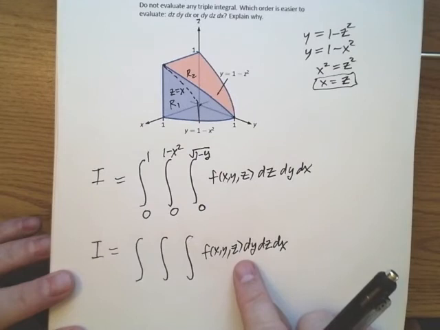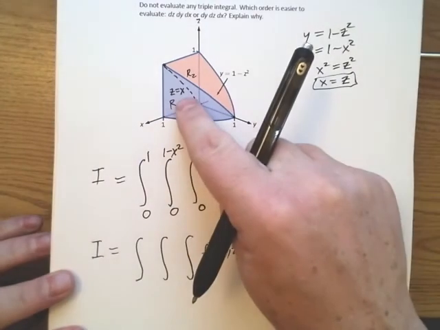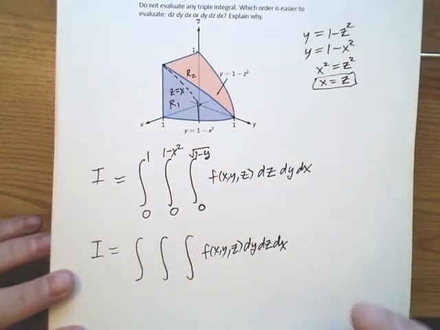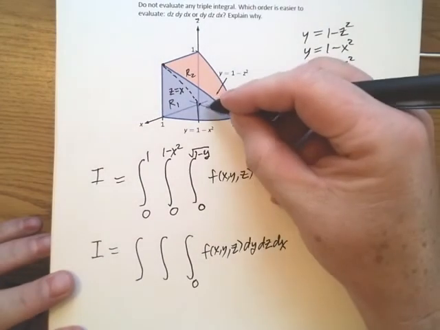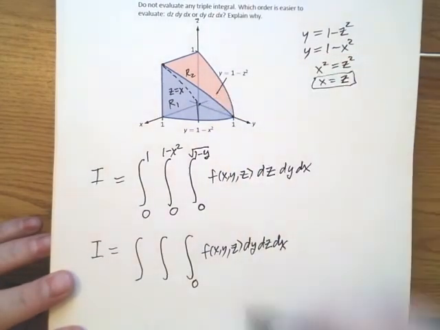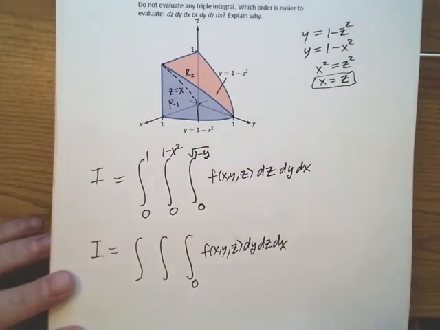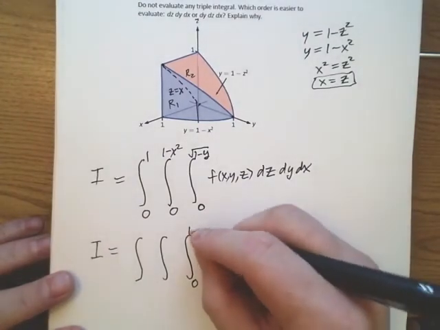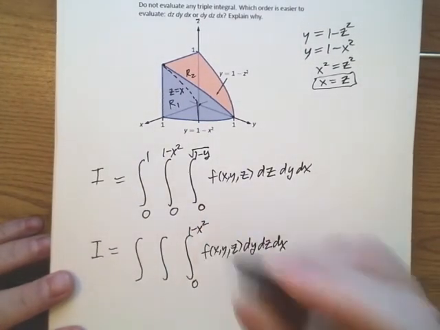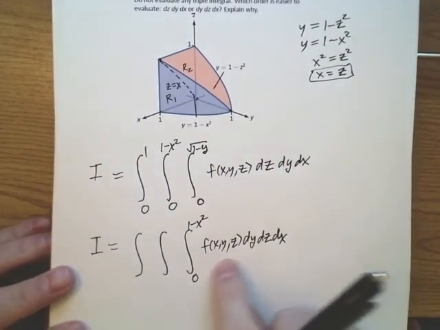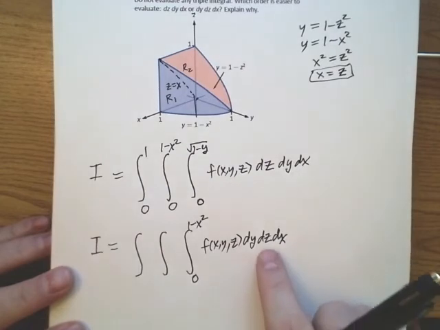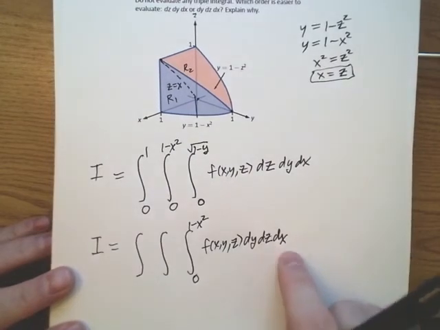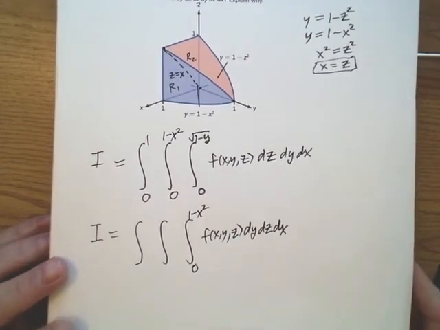Where is y going from and to? y is going from the xz plane, y is 0 in other words, out to what? This parabolic cylinder, which is y equals 1 minus x squared. So that's 1 minus x squared. Okay, so I would have integrated out the y, and I would get in general a function of x and z here, and then integrating out the z and x, I should end up with the numerical value.